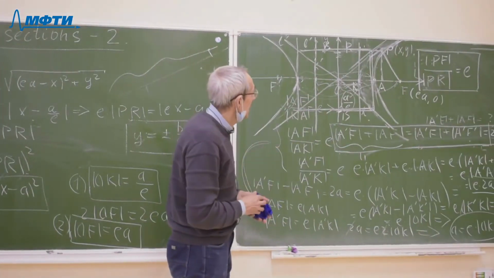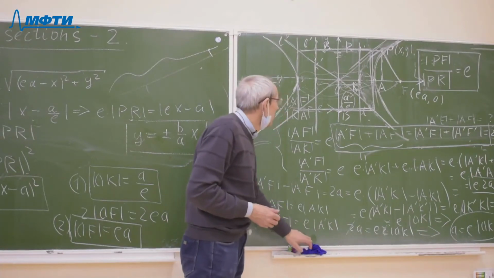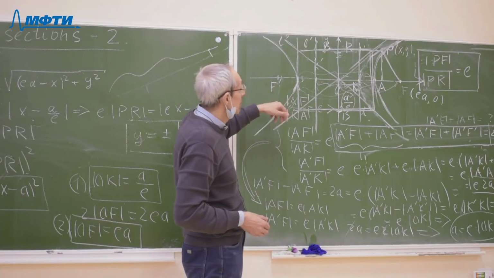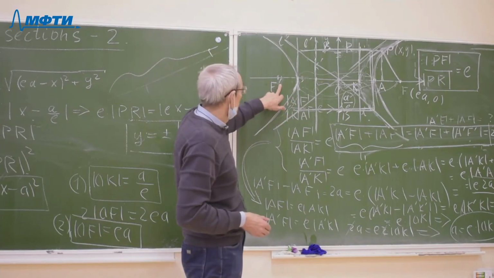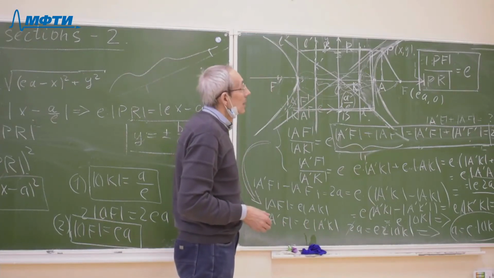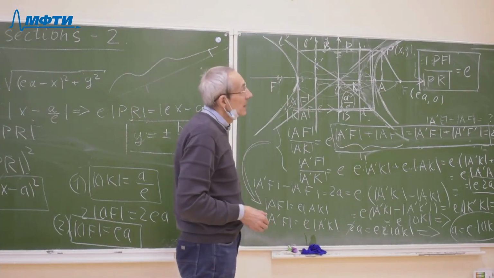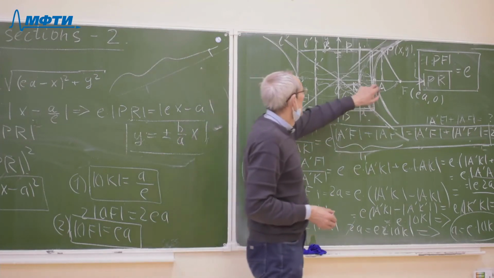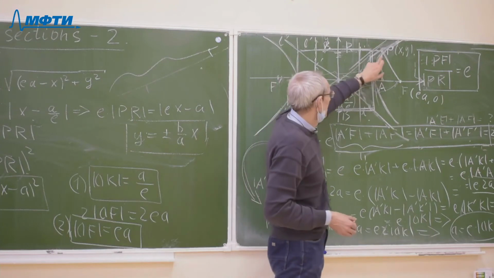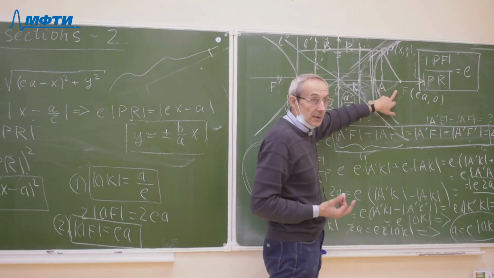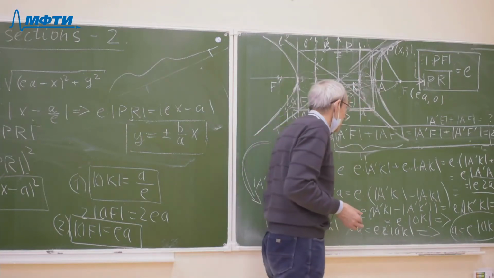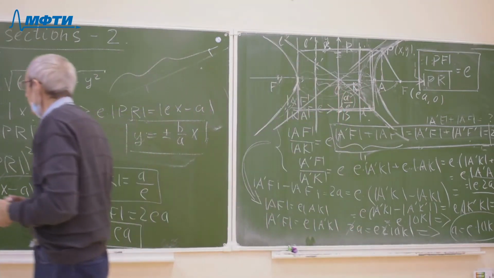And the main result is the definition of hyperbola in terms of distances between an arbitrary point of the curve and f and f prime. The main theorem asserts that the difference of distances between p f prime and p f is a constant, and is equal to 2a, the main result. And let's prove this theorem.